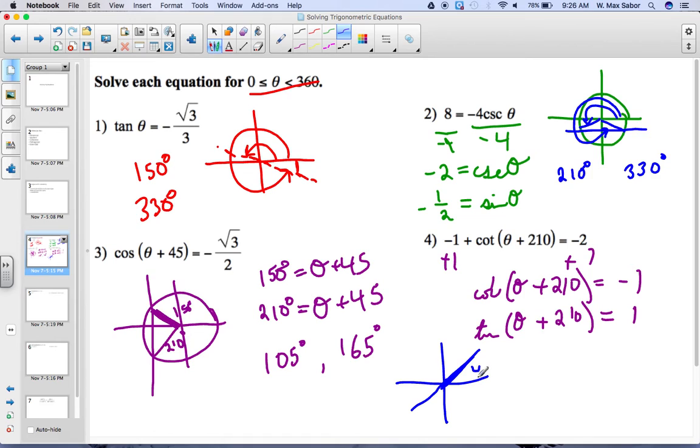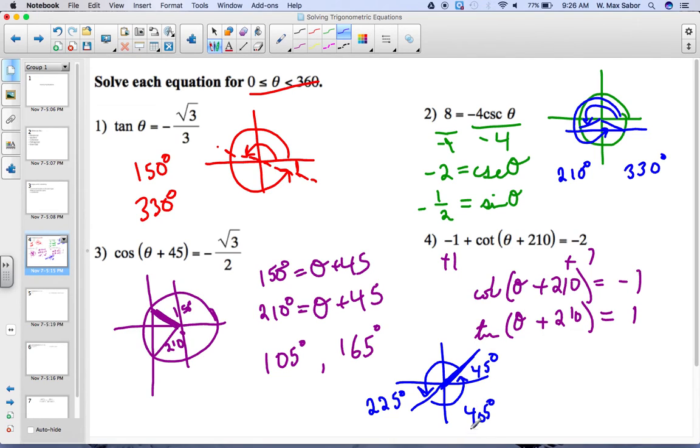Well, it's here at 45 degrees. Anytime that you add a multiple of 180 degrees, you'd get, say, 225 degrees. If we continued around another 180 degrees, then that would be 405 degrees. So any of these would work.